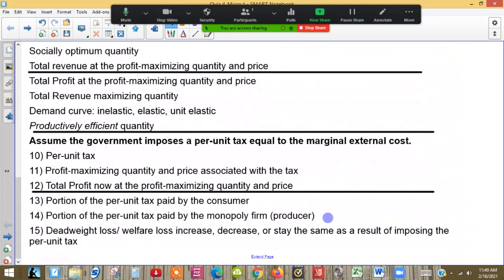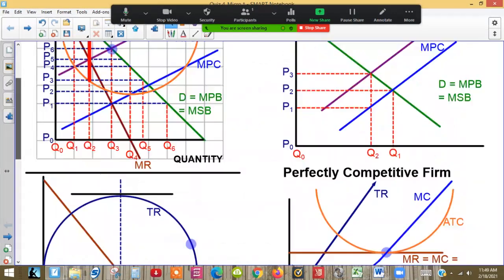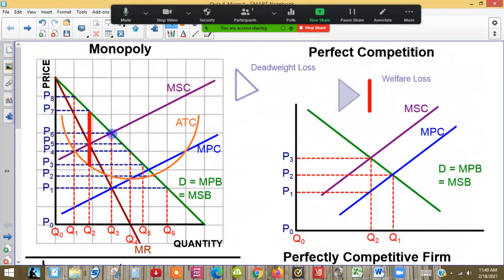So for the monopoly firm and market, in this unique case, the tax is actually going to create a deadweight loss that was not there before. Why? Because of just the coincidence that the marginal social cost created a point right here that would be socially optimum, right?